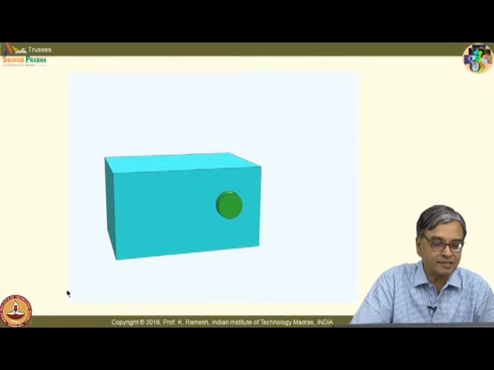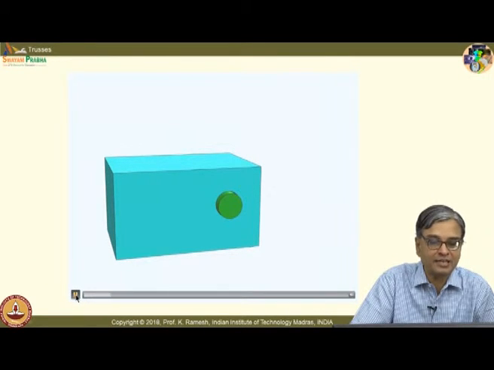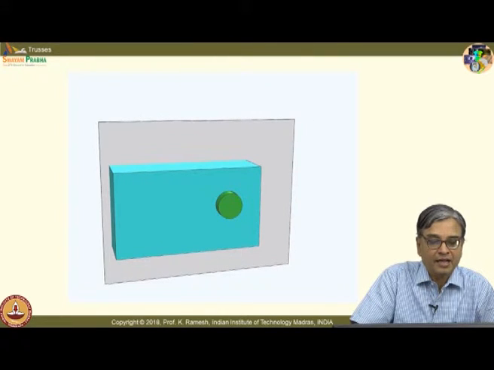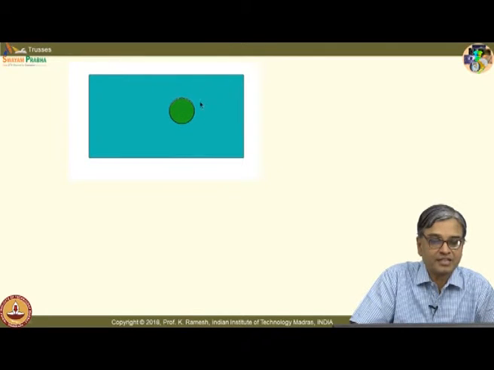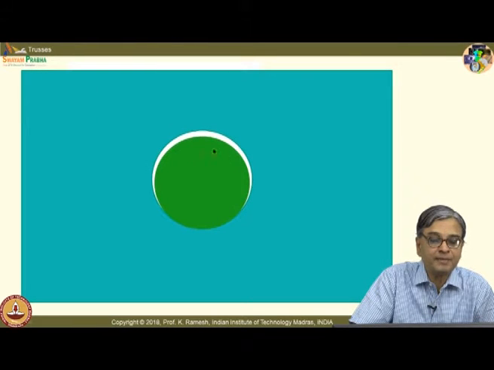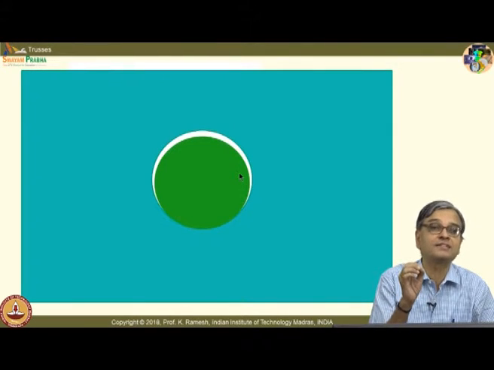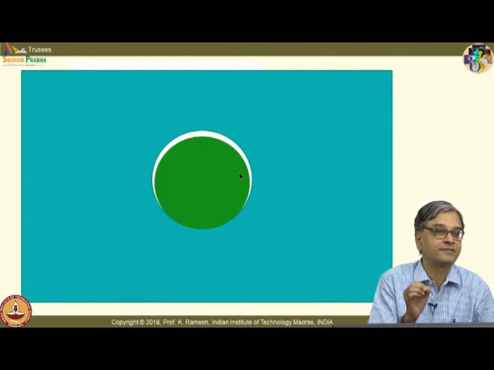We have seen this earlier, we have put an imaginary section to cut this, and when you see the cross section at that stage, you will have a clearance between the pin and the hole. This is exaggerated, but you will always have a clearance however small it is.